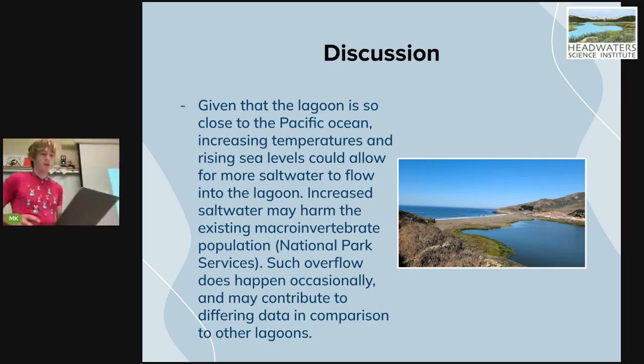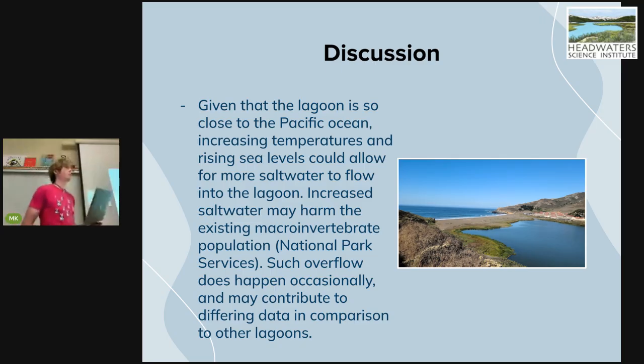And then the impact of climate change and rising temperatures and sea levels. As you can see in this photo, the lagoon is very close to the ocean, and it does happen occasionally that there's incoming water from the ocean into the lagoon, which is why it is brackish. It's a mix of salt water and fresh water.